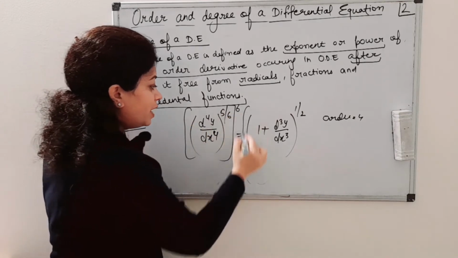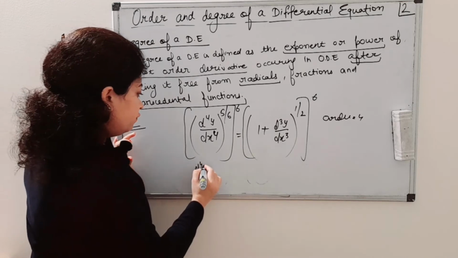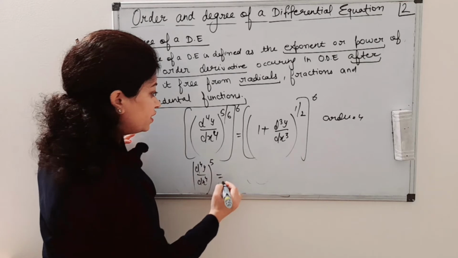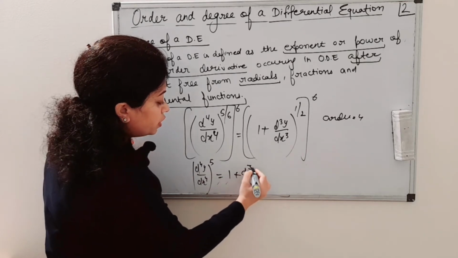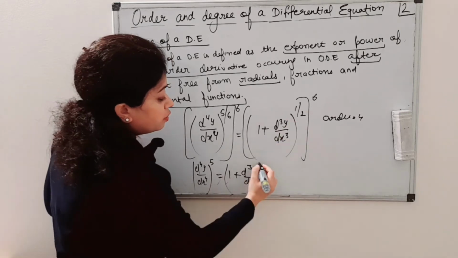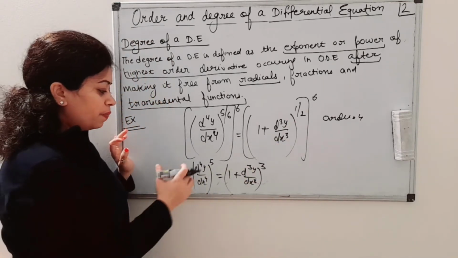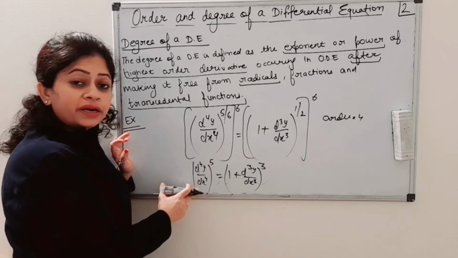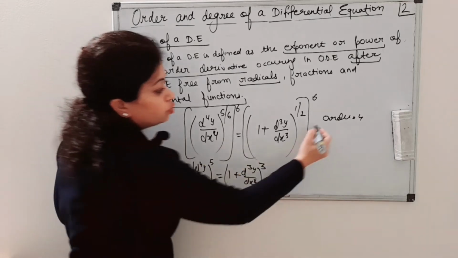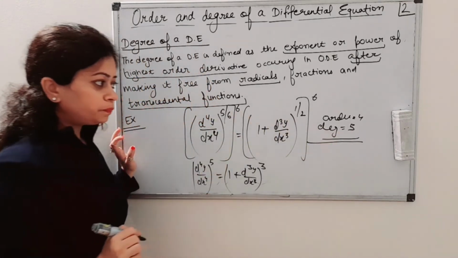We will get d4y by dx4 raised to power 5 is equal to 1 plus d cube y by dx cube raised to power 3. Now we don't have radicals. The highest order derivative is this, and its power is 5. So the degree of this equation is 5.